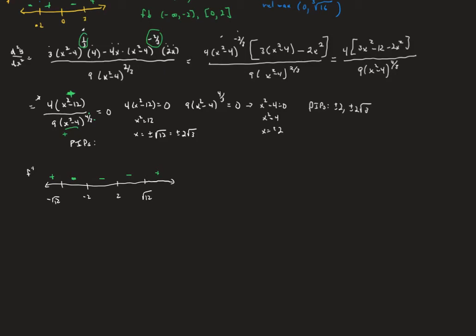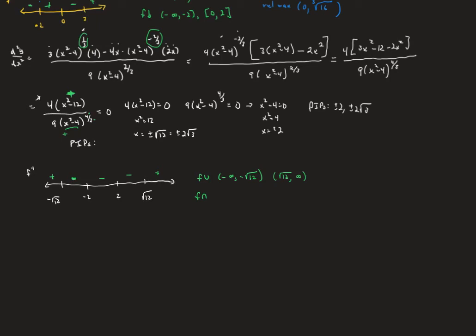So, to answer the concavity questions, anywhere we have a positive second derivative, we're going to get a function that is concave up. So that's going to be from negative infinity to the negative square root of 12, and also from the square root of 12 to infinity. Now for concave down, I think we're better off breaking this up into intervals, because that second derivative isn't even defined at negative 2 and positive 2.